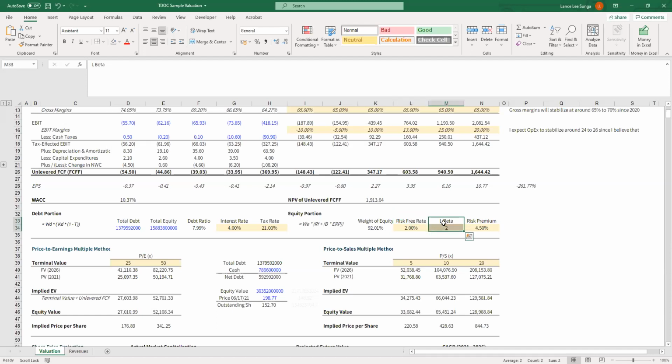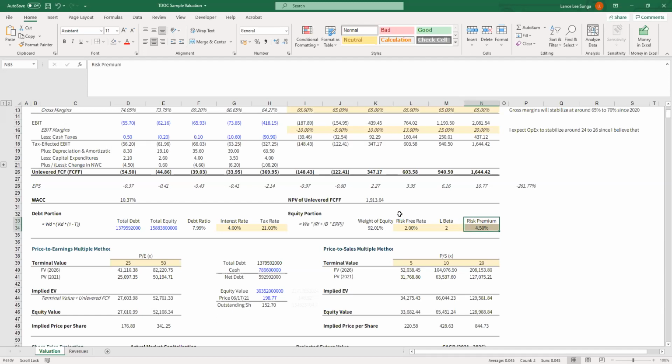And then the beta you can get from different sources, like Reuters, Bloomberg, I think has. Right? And then the risk premium, right?